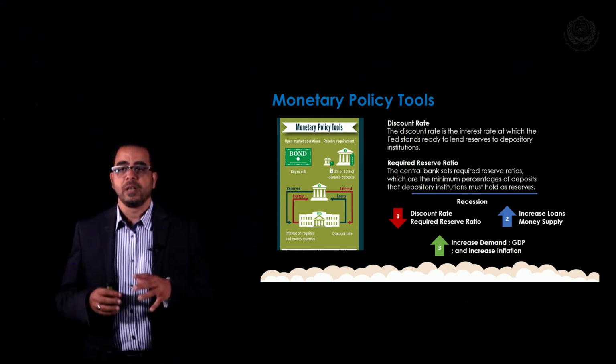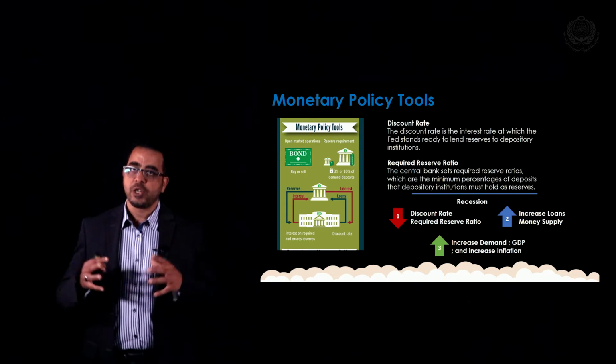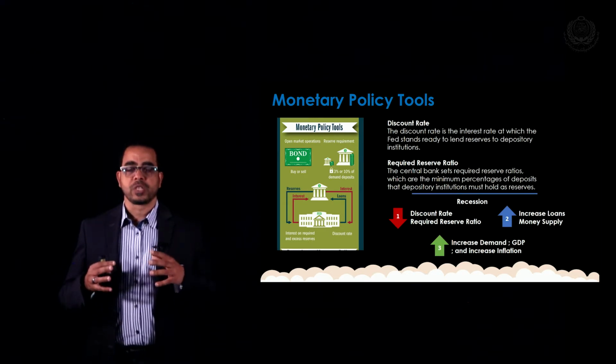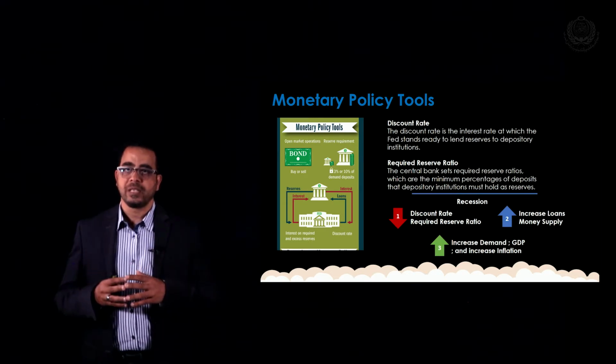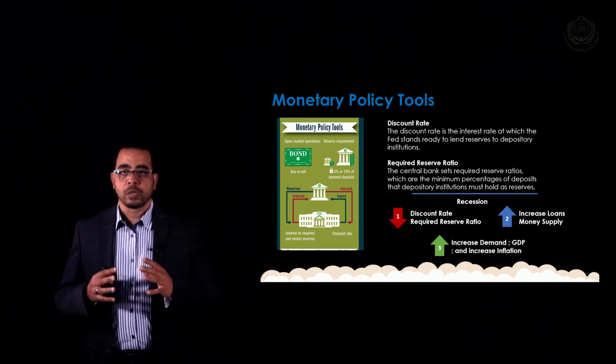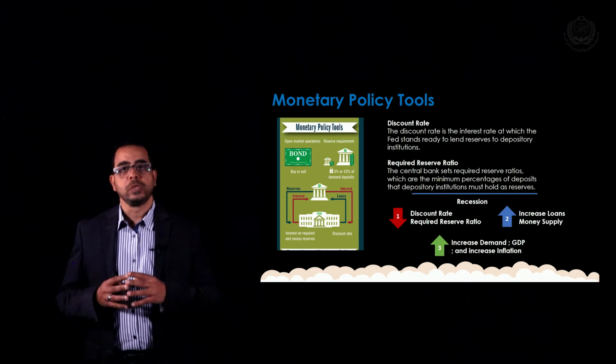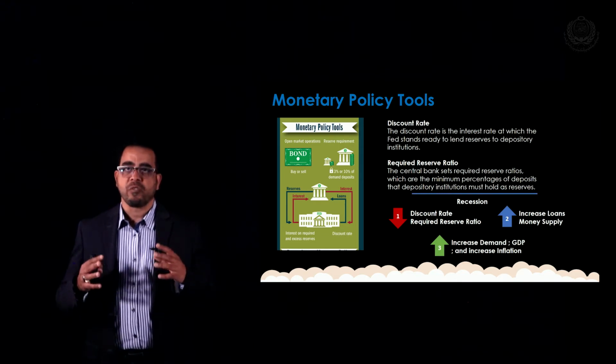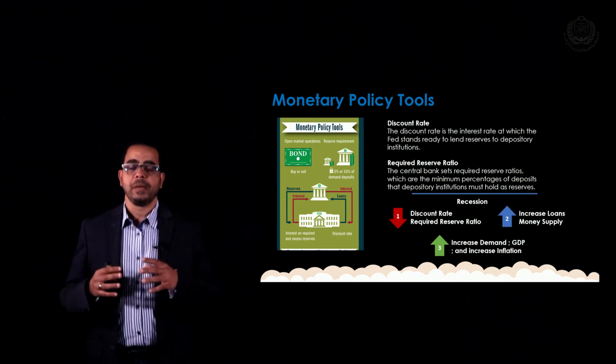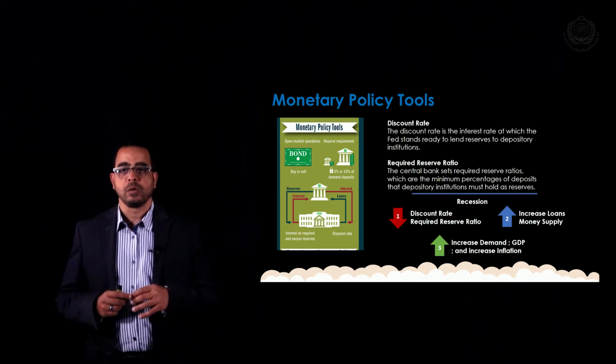And vice versa. If we have inflation, the central bank will start increasing the discount rate, loans will go down, the money supply will go down, and there will be a decrease in the inflation rate and maybe a decrease in economic growth.